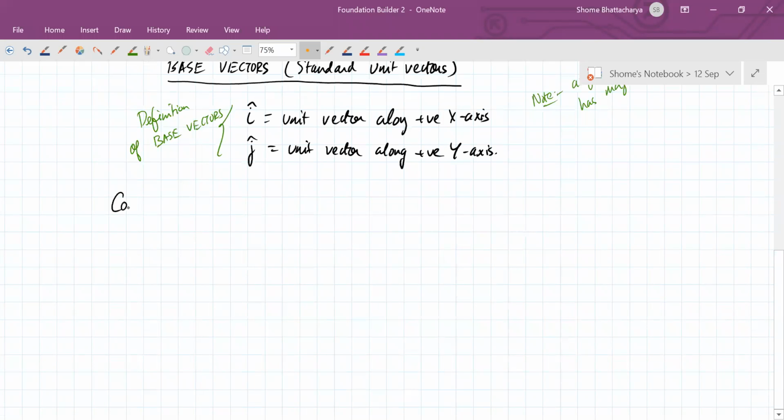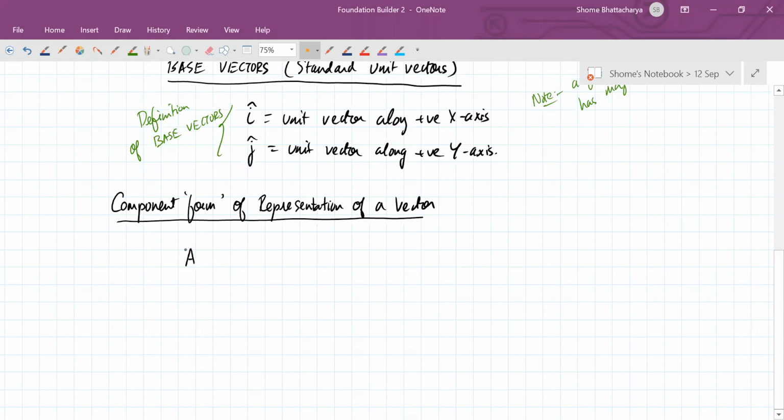So the component form of representation of a vector is given by this kind of notation.